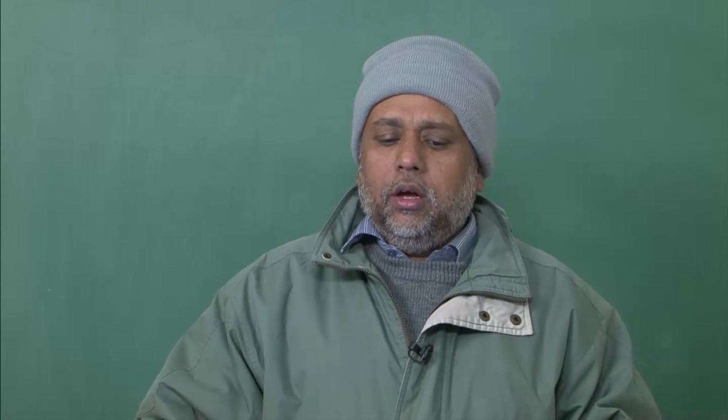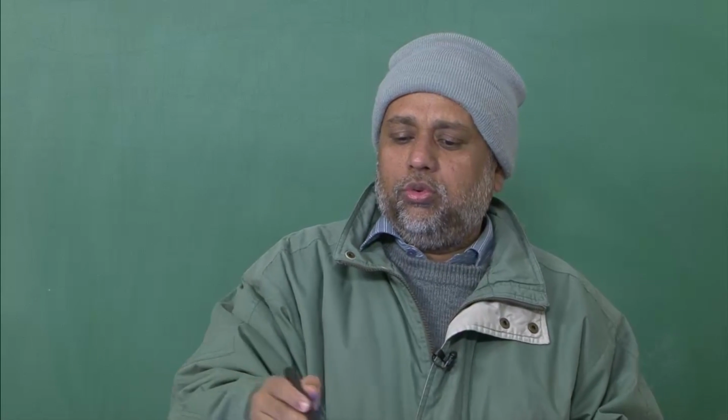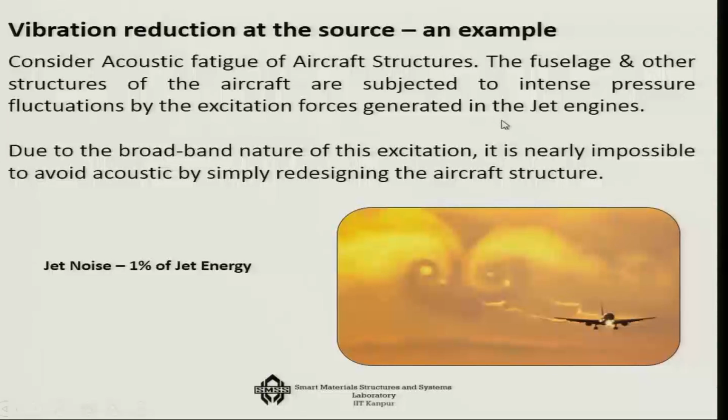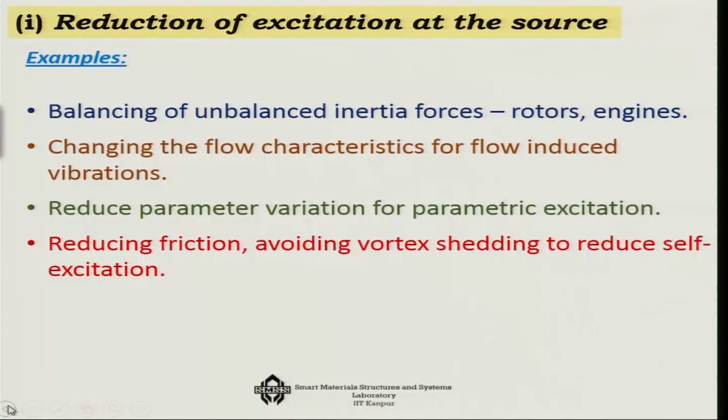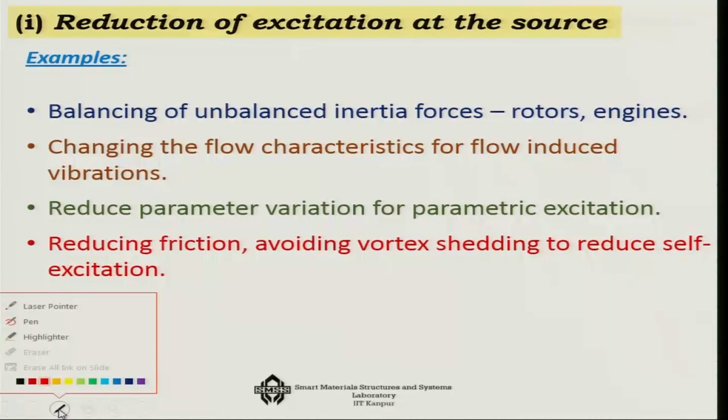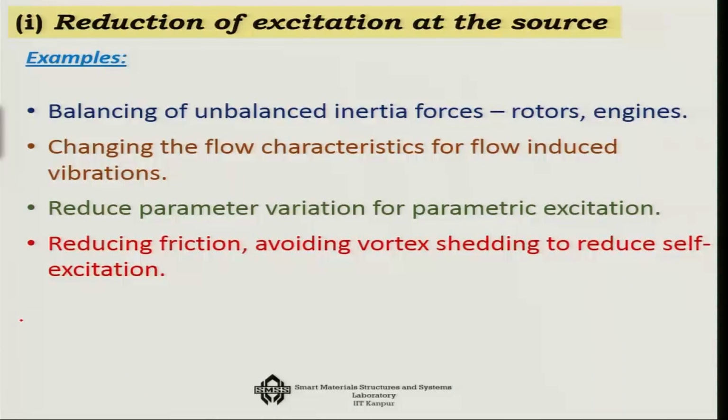For example, if the vibration is happening due to unbalance of inertia forces, then you can try to understand what is causing this unbalancing of the inertia force, and you can try to remove that unbalancing itself.